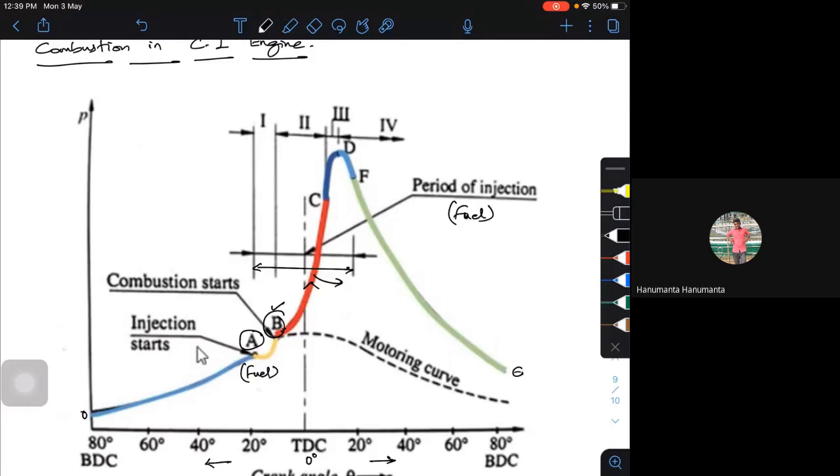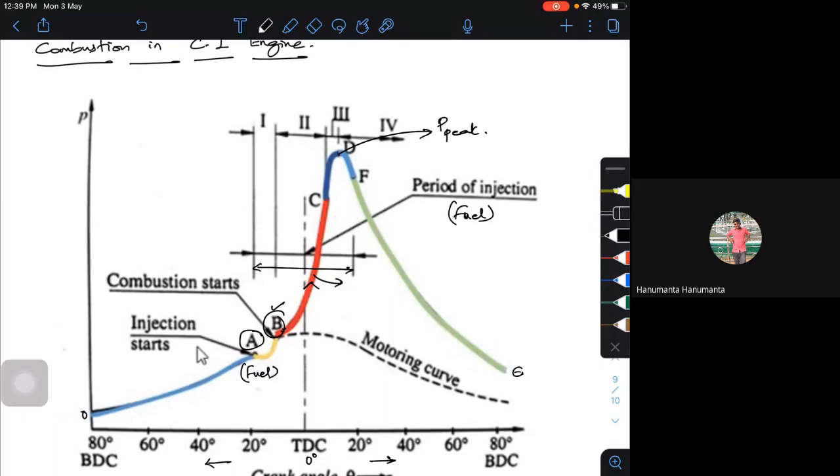At point D, I am going to reach what is called the peak pressure, at which the combustion products reach a particular point. This is the peak pressure. So that's the combustion that's taking place.